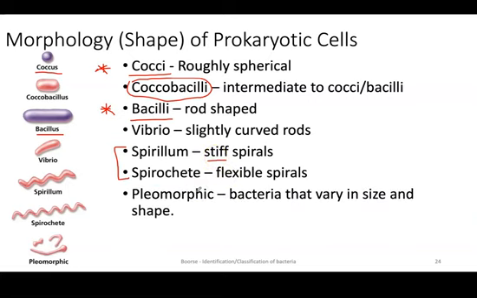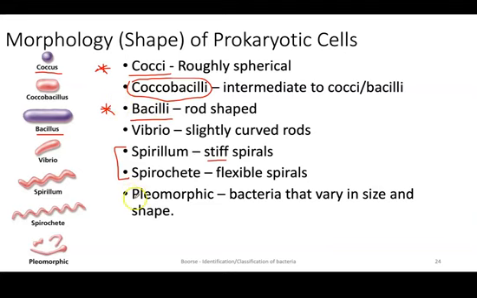The last shape is not really a shape per se, but we use it to describe bacteria that don't have a characteristic size or shape. For example, strep infections are always going to be round in shape, so we'd say they're cocci in shape. Clostridium, so botulism, is always going to be bacilli in shape.